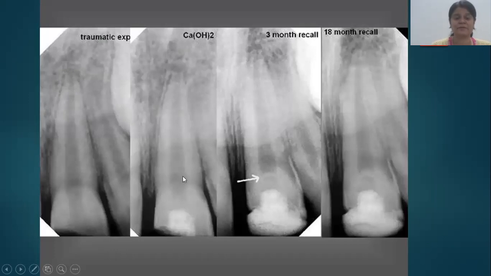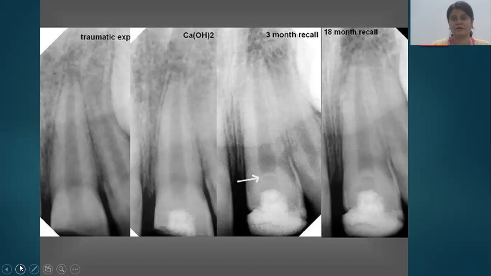So calcium hydroxide pulpotomy was done in the patient, and after 3 months recall, we can see a calcific barrier has been formed where the calcium hydroxide dressing was given, and we can see slight tapering of the apex of the root canal, and the dentin around the tapered form of the root is also improved. At the end of 18-month recall you can see a completely formed apex and improved root dentin thickness, and an evident calcific barrier is seen at the junction of the vital pulp tissue.